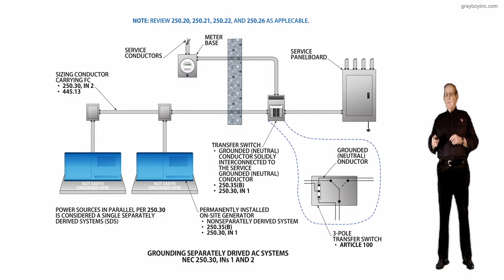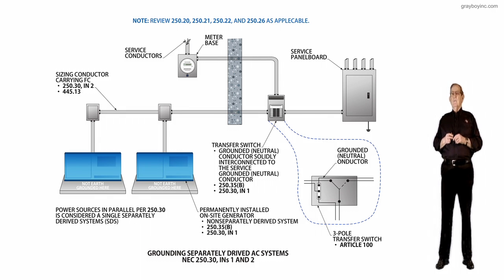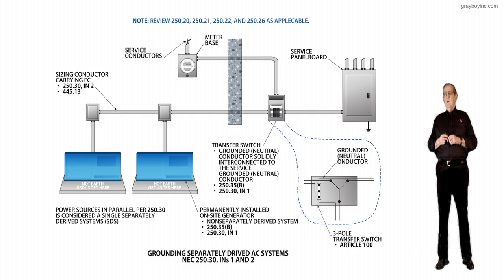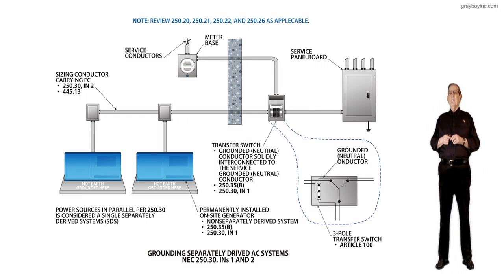So we've looked at the transformer and the grounded neutral conductor, where you switch it or you do not, in accordance with 250.30 Exception 1 or 2. Secondly, the transfer switch grounded neutral conductor is interconnected to the service grounded neutral, and if it's in parallel, then you're going to install those transformers permanently.